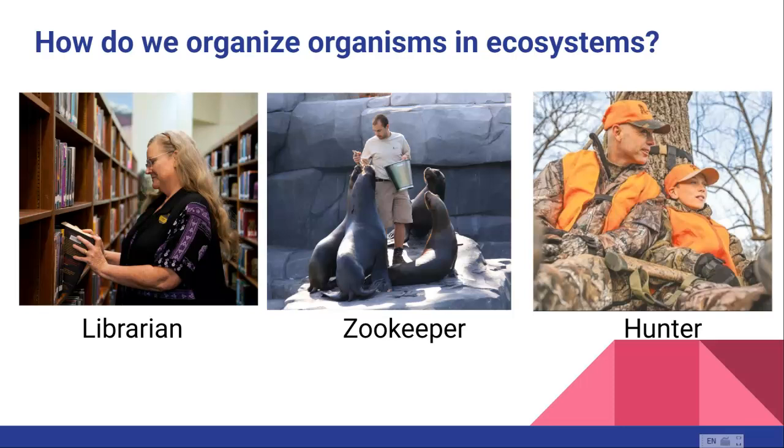So we would probably organize them a little differently from our librarian friend. If we were hunters, we might want to know what season can we hunt them? Are we allowed to hunt them using a shotgun or bow and arrow? You could probably tell that I'm not a hunter, but depending on who we are and what our purposes are for our relationship with those organisms, we might categorize them in different ways.